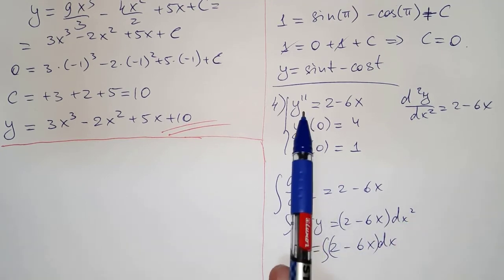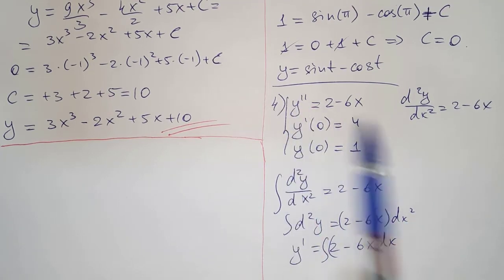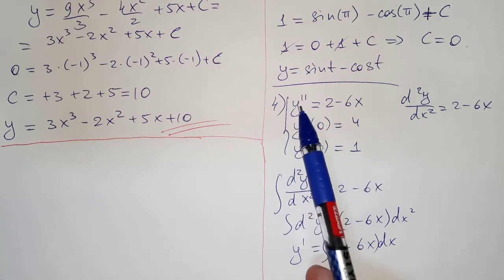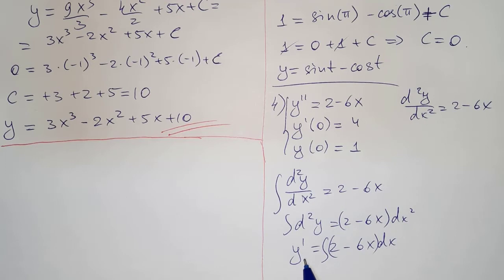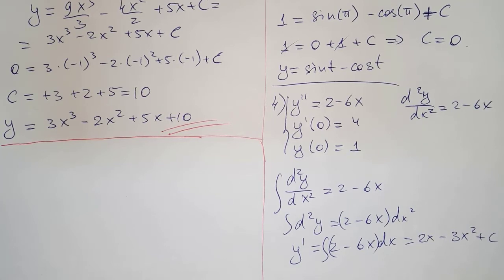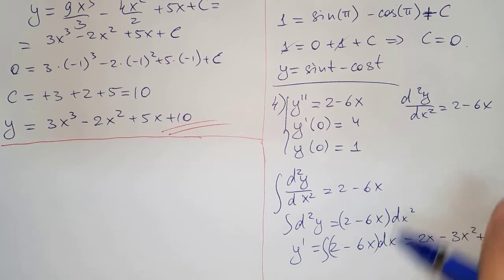It's visible here also: when we integrate the second order derivative the first time, we get the first order derivative, and this integral gives us 2x minus 3x squared plus c. Okay, now we need to put in this initial value.